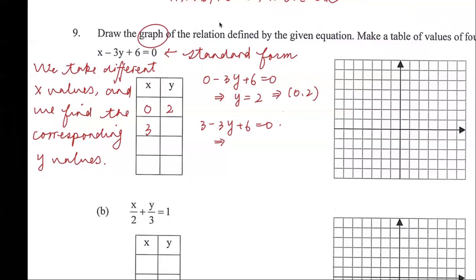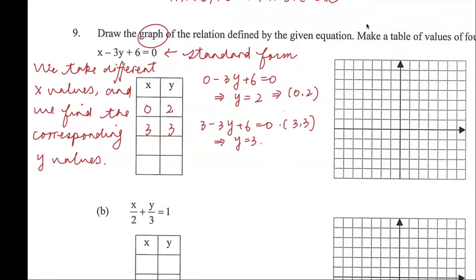So positive 3y is equal to 9, which means y is equal to 3. So 3, 3 is the second point that we can find on this straight line. And then we can use the same method to find 2 more points.